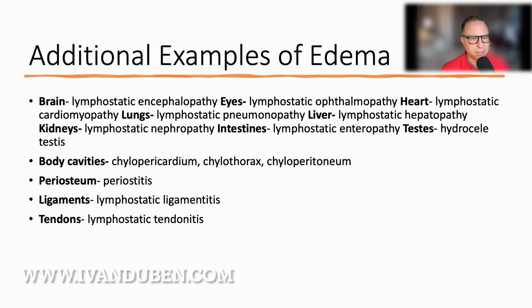What's important is that many of the itises in the body are going to have some lymphatic stasis in the area, which would be examples of edema. Again, the non-injury related edema that I'm talking about.